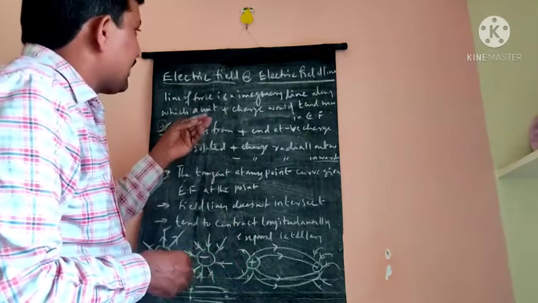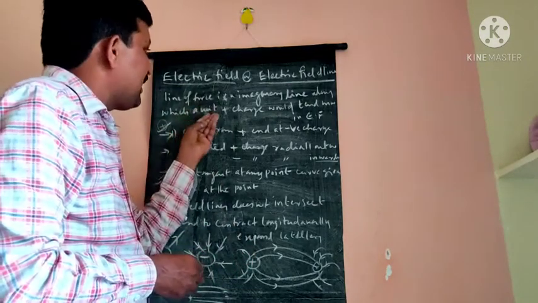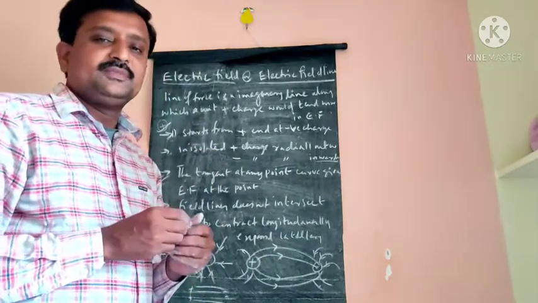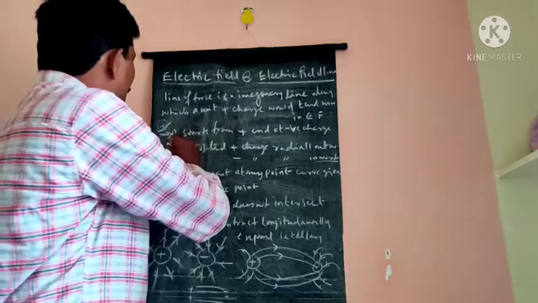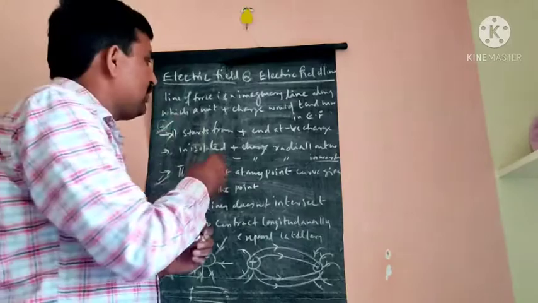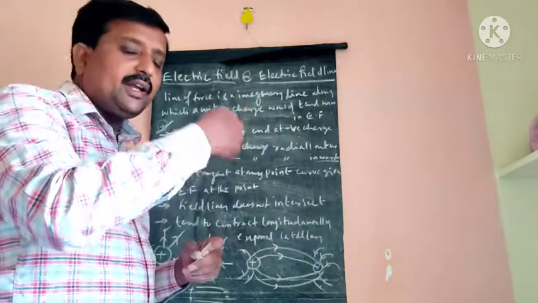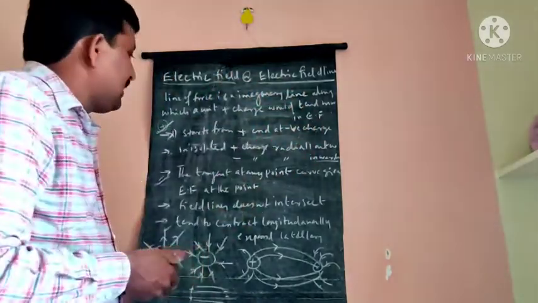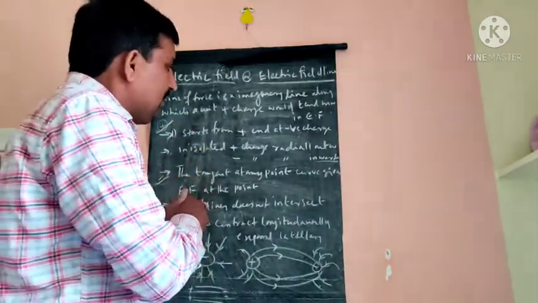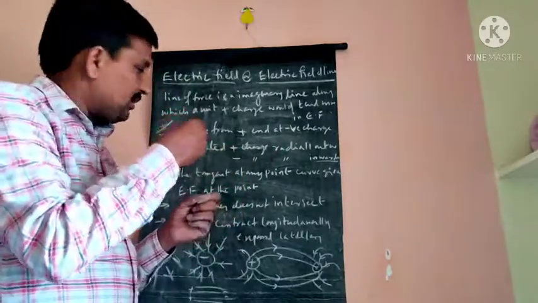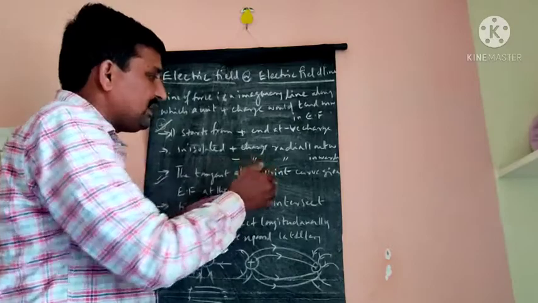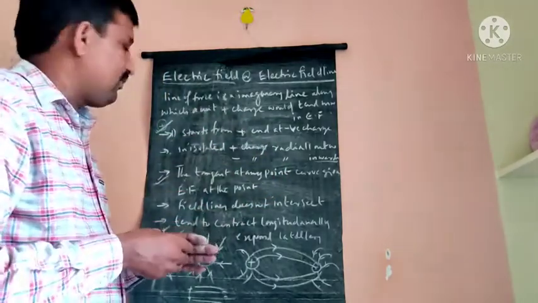So the electric field lines are imaginary lines. They show the direction of electric fields. The electric field line starts from a positive charge and ends at a negative charge. For an isolated positive charge, the electric field lines are radially outwards. For a negative charge, they are inwards.